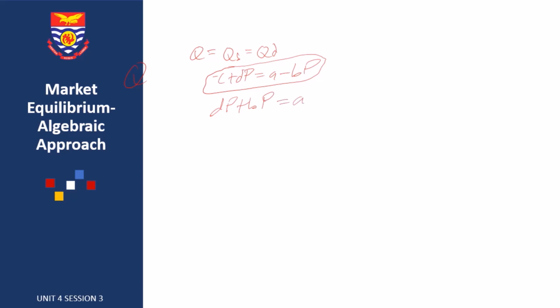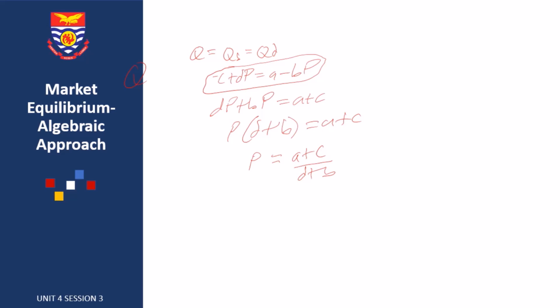Then I'll have my A. When the C crosses the equal sign, it becomes positive C. I can factor P out here so that I have D plus B equal to A plus C. Now making P the subject, I divide both sides by what is in the bracket, that is D plus B. So I have A plus C over D plus B. So my equilibrium price can be A plus C over B plus D, or D plus B, however we make it.